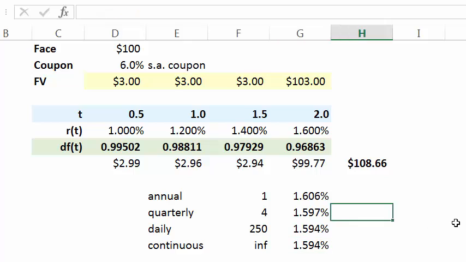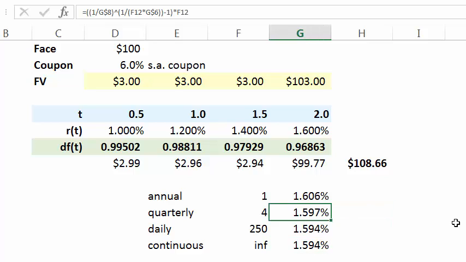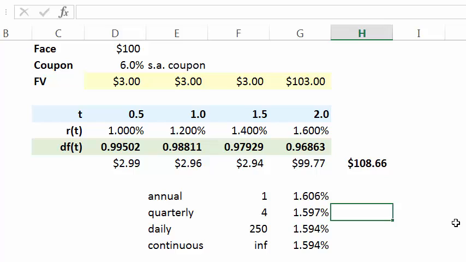So just to highlight that, if I have this 1.597 as the per annum interest rate with quarterly compound frequency, then I would convert that into the discount factor by taking 1 divided by 1 plus that rate, divided by 4 because it's 4 periods per year under quarterly, and then to be consistent, I'm going to take that 2 years and multiply by 4.